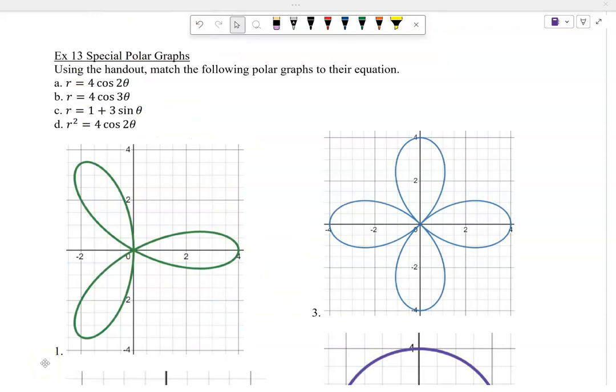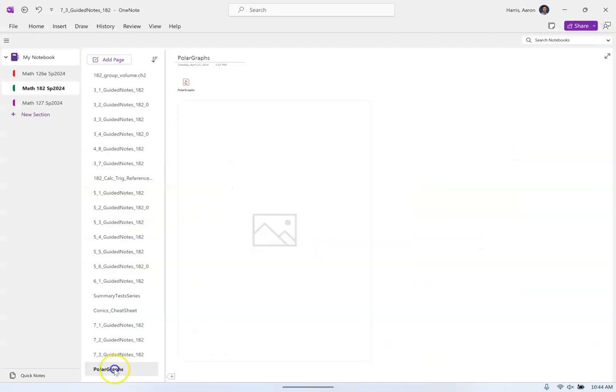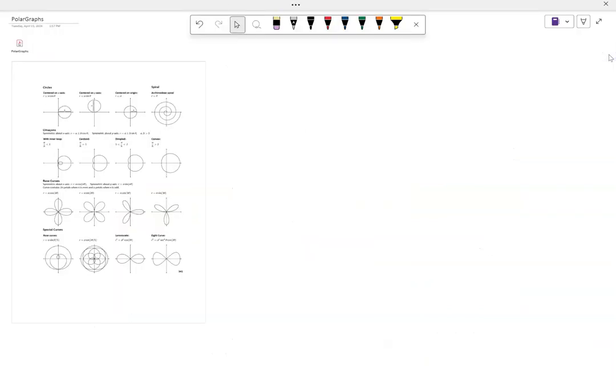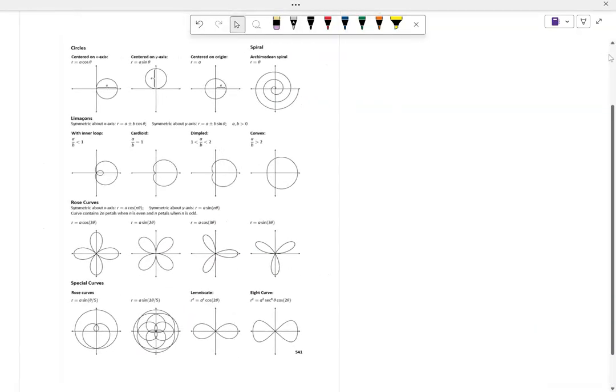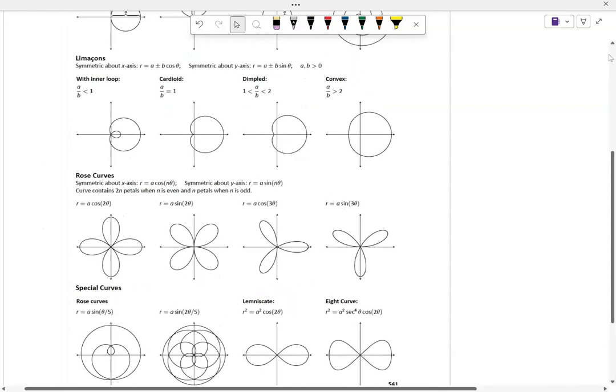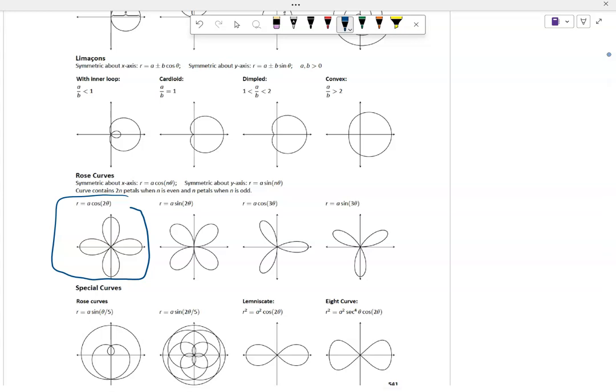All right, so for the special polar graphs, I want you to look at the pattern you have and look at your handout. So 4 cosine 2 theta, that's our first one. You look at your handout and say, hey, I got 4 cosine 2 theta. Well, that would be right there. So that'd be a rose curve that's symmetric about the x-axis.